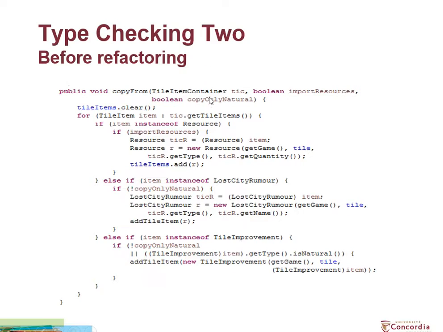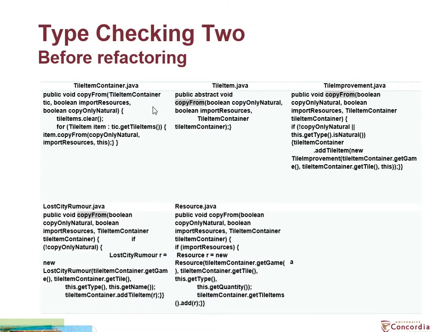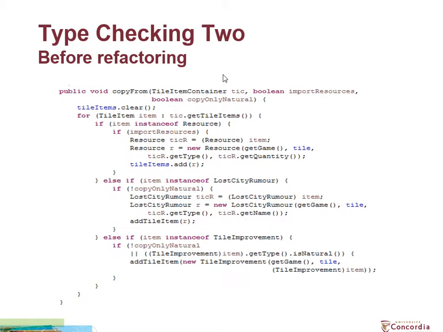The second type checking, as you see here, has some nested if-else conditions, and there is a function copy form which has different implementations for each type. So it's better to use inheritance and polymorphism for this function.